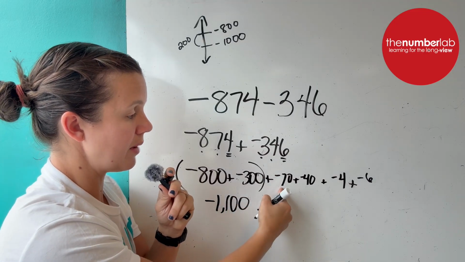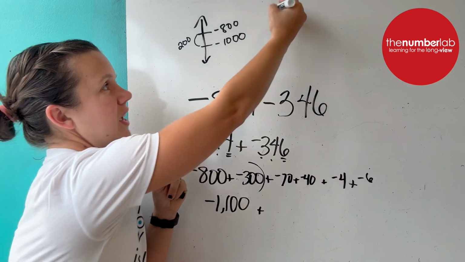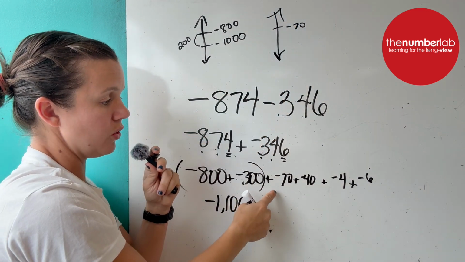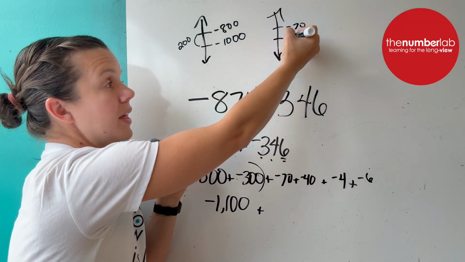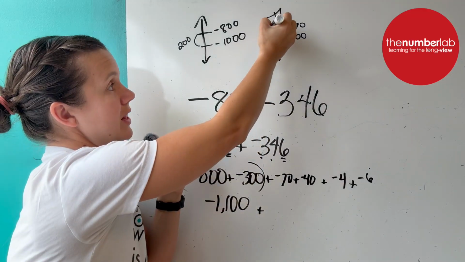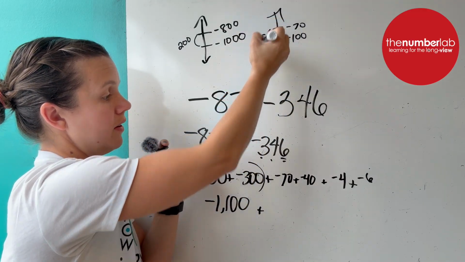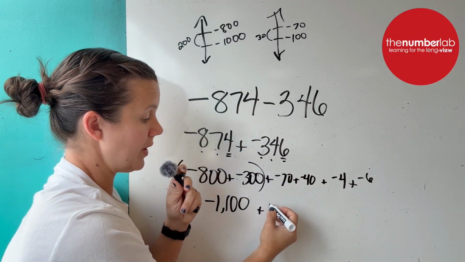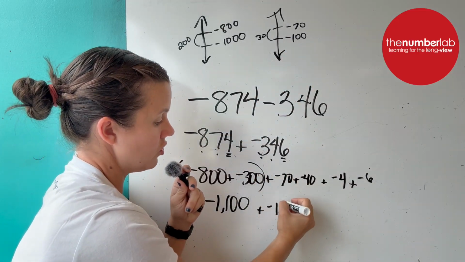So from there, thinking about a debt of 70, how much would I need to lose to get to the next 100 or the debt of 100, and seeing that that's a distance of 30, well, we're going down 40, so then we would have a debt of 110.